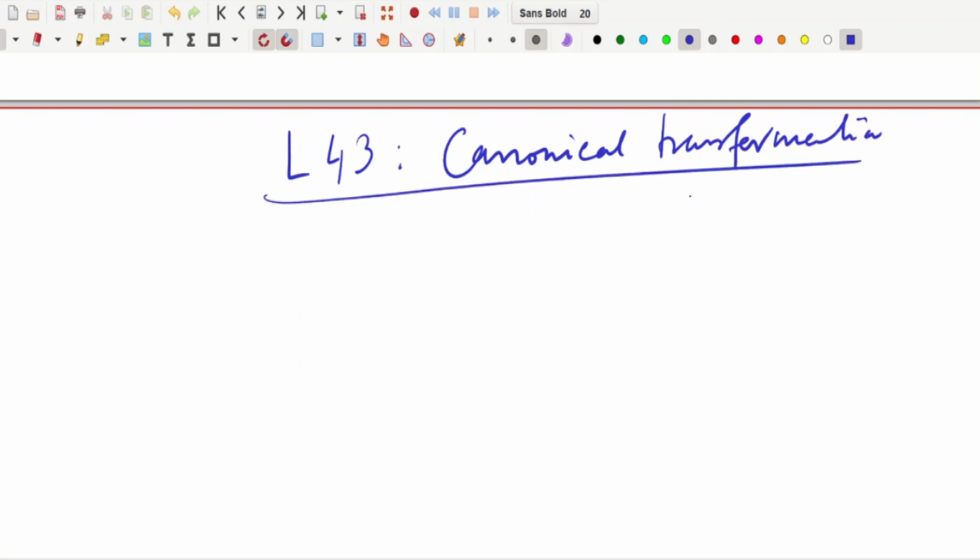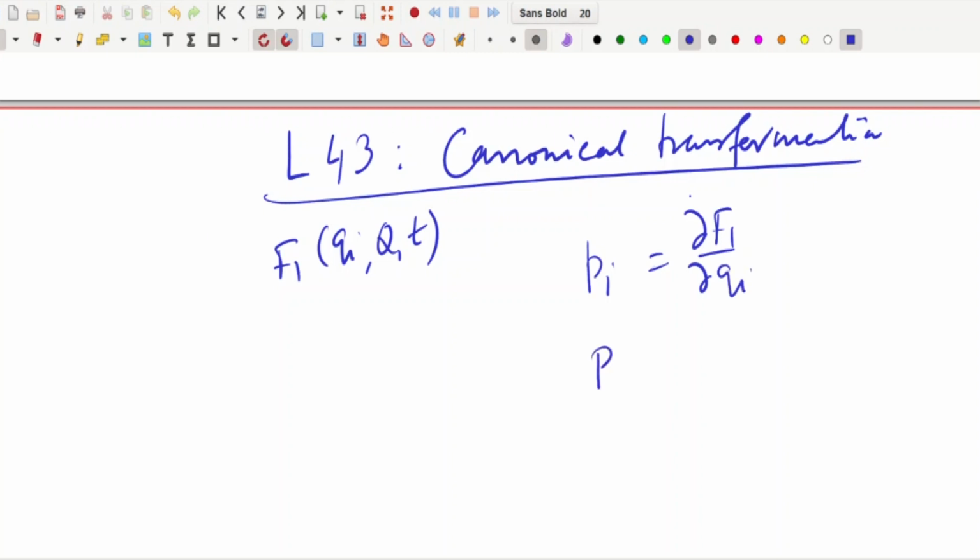So in the last lecture we have seen that a generating functional of this form, f1(q, Q), can generate a canonical transformation provided that this function satisfies p_i equal to ∂F1/∂q_i and minus P_i equal to ∂F1/∂Q_i.